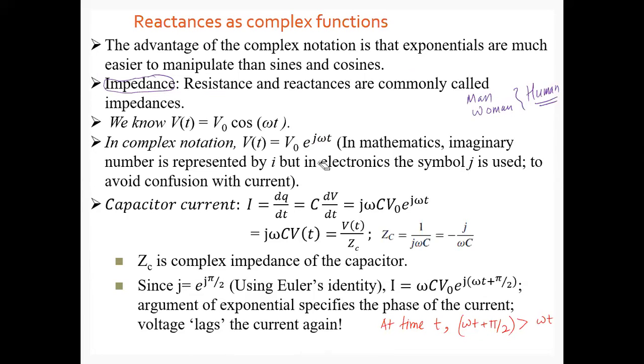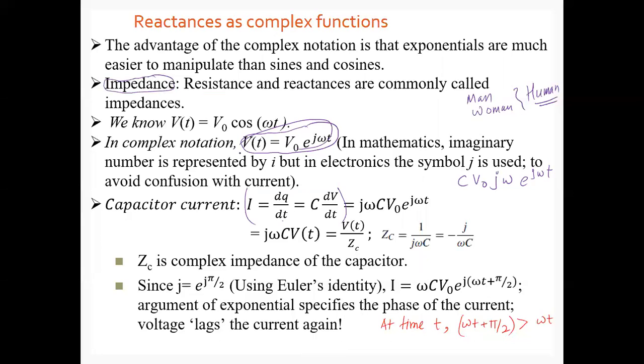So if you have V cos this, then what is your I? I is dq over dt, right? Then C dV by dt. So this is what we already know. Then C, what is your dV over dt? I think we did that before, didn't we? But anyway, so V0 j omega e to the j omega t, right?